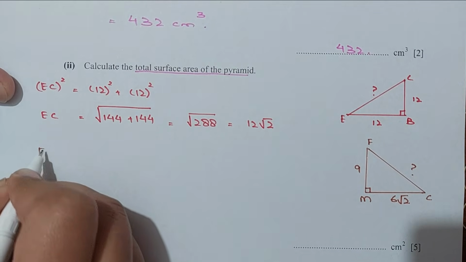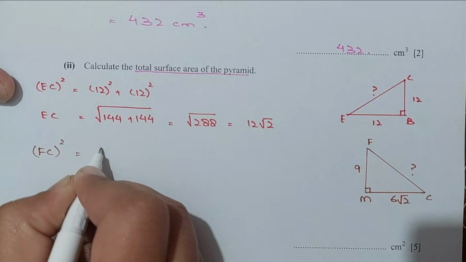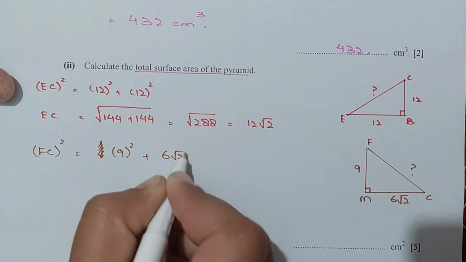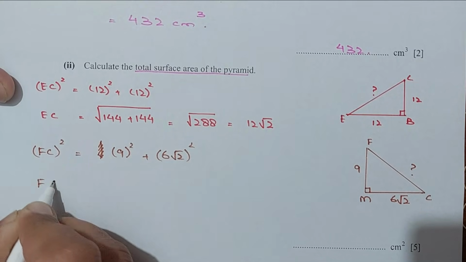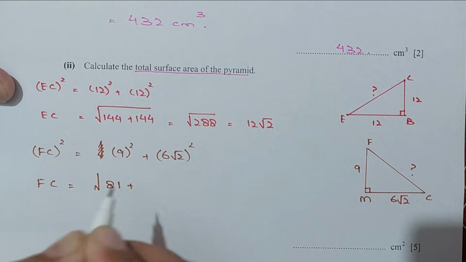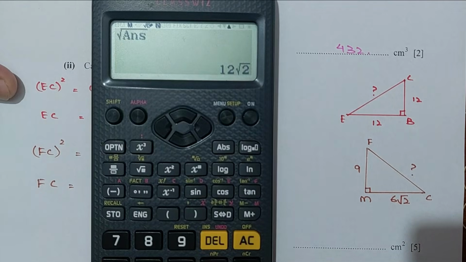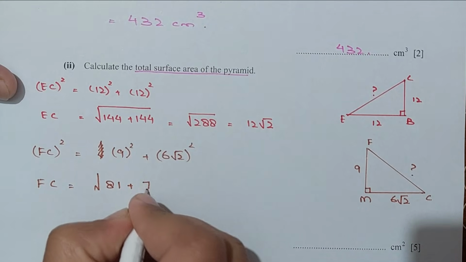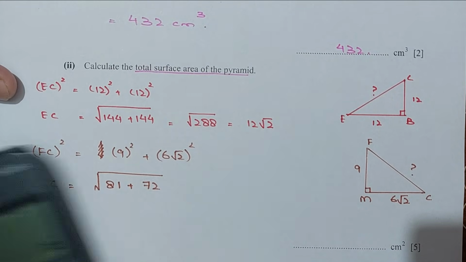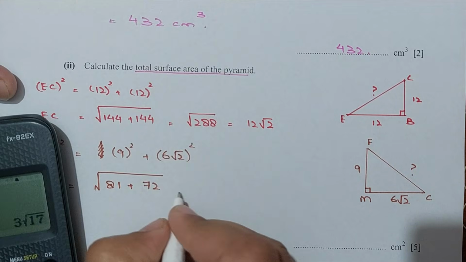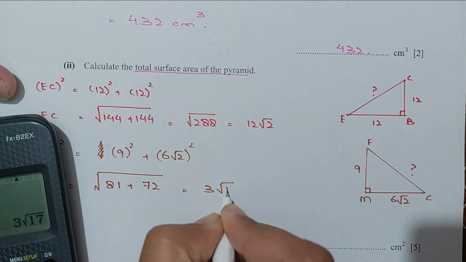Again, Pythagoras theorem. FC squared, not the square root right now, is 9 squared plus 6 root 2 squared. So FC would be the square root of 81 plus 72, which is 153, and the square root is 3 root 17.